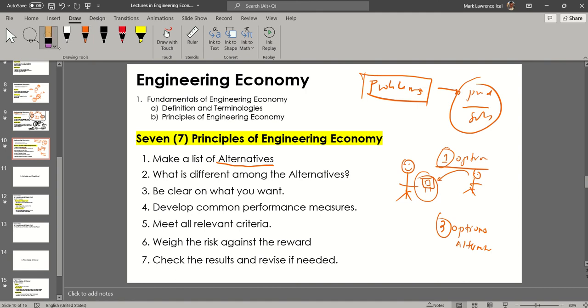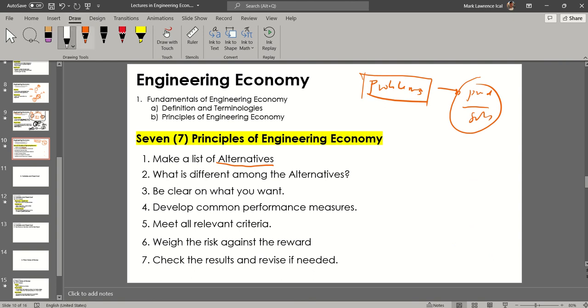Okay. For example, engineering approach naman. Okay. For example, in a community, no? Wala silang kuryente. Okay. You being an engineer, hindi mo agad sasabihin, wala kayong kuryente, sige magtabi tayo ng solar panels. Okay? Mali yun.